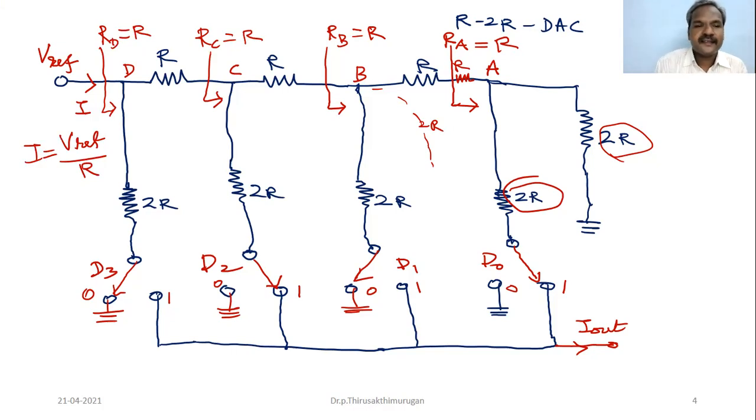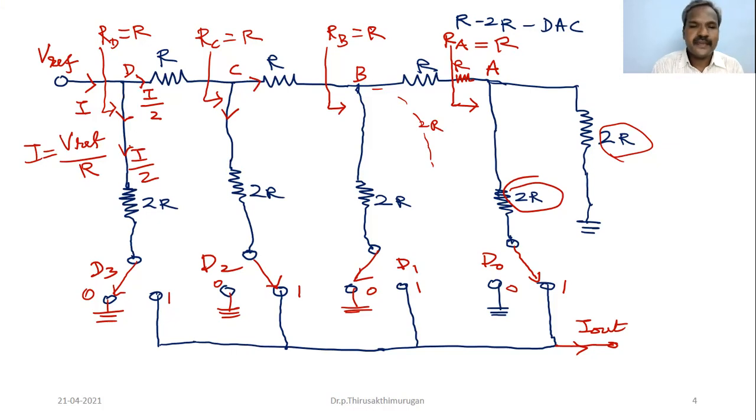Now this current I is divided equally here, I by 2, and here also I by 2. The total current is divided equally at this branch. So what is the current passing through these two branches?